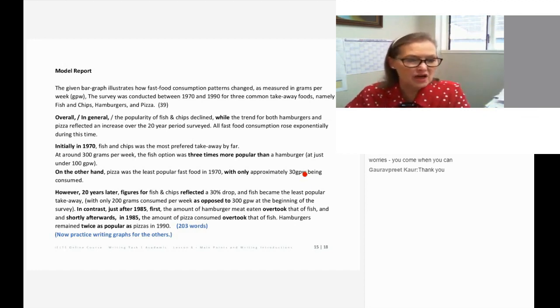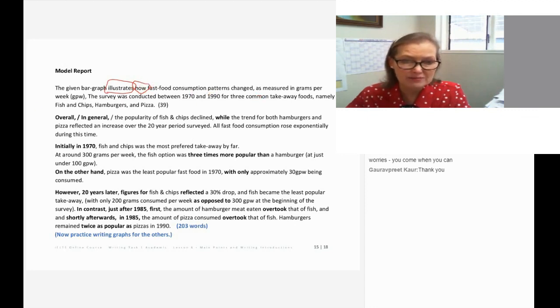Then we're going to start writing about our overview or what stands out. And you could use either one of these, overall or in general. And we wouldn't necessarily mention figures in our overview, but it's what are the main trends, what stands out. So overall, the popularity of fish and chips declined. There I'm using my language of movement from my line graphs lesson 1.